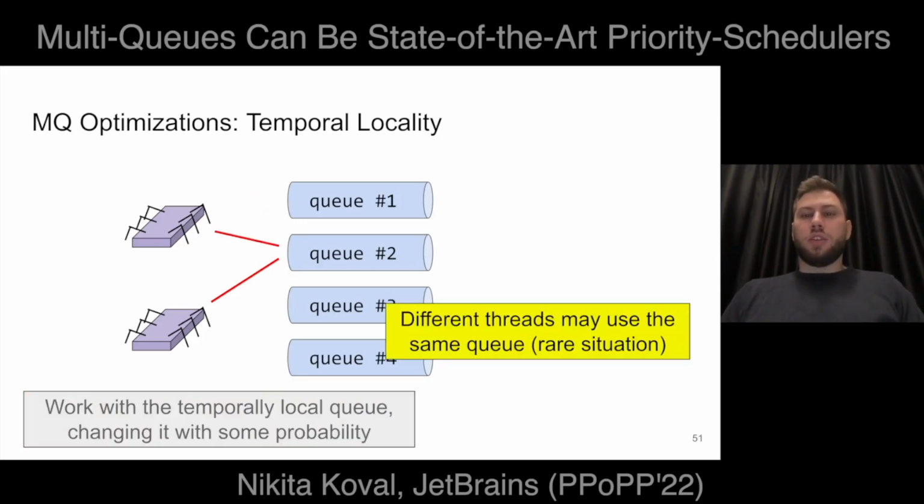Of course, it may happen that two threads use the same queue, but it's not likely to happen as we have more queues than the number of threads, and we choose the next temporarily local queue at random.